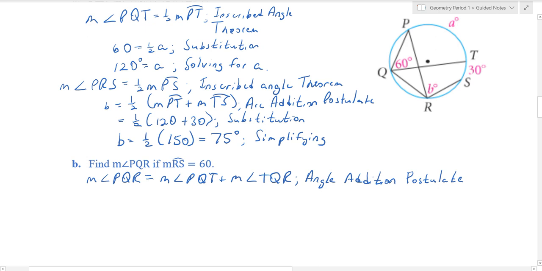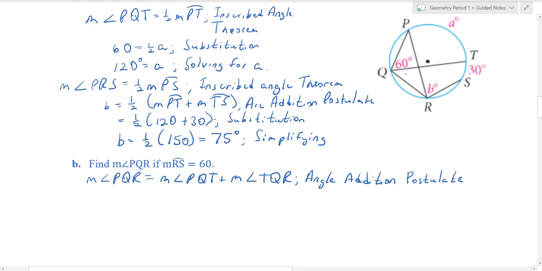We have PQT right here, PQT that measures 60, and then we have TQR, T right here, QR, which we don't know yet, but we can actually get that.